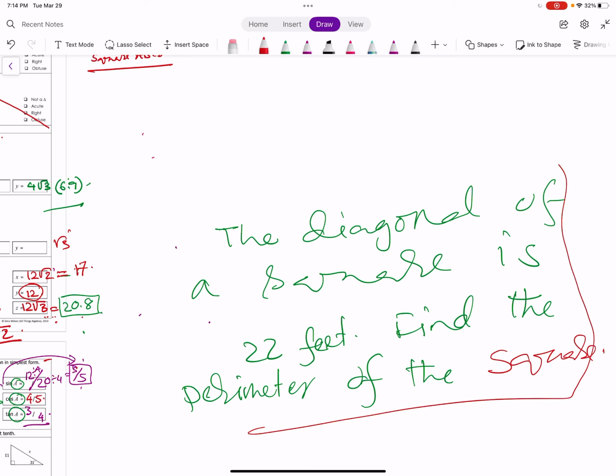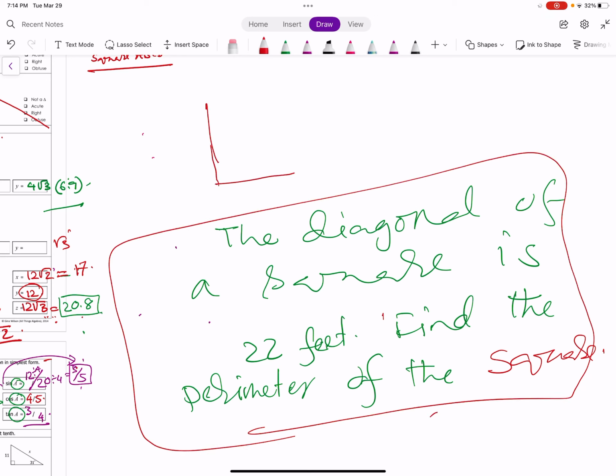So what? You don't have the visual. Draw the square. A square has all sides congruent, so you can label them A.